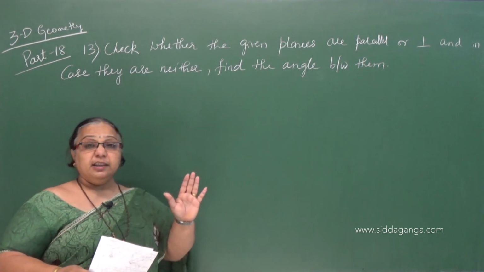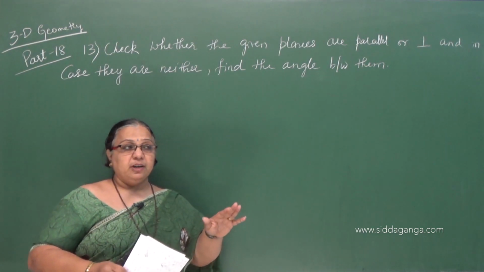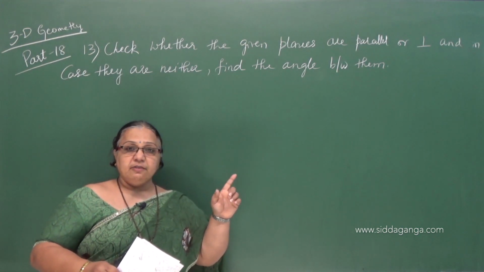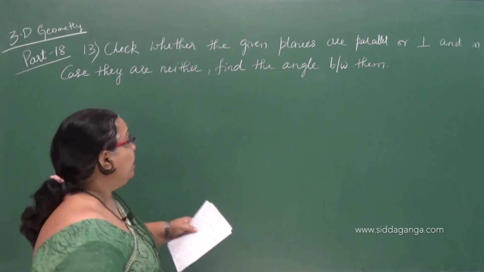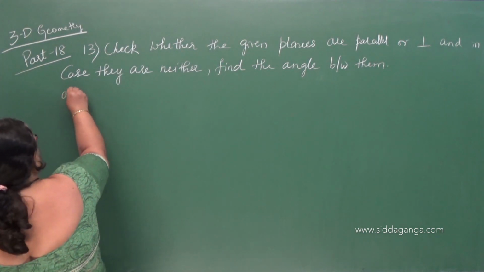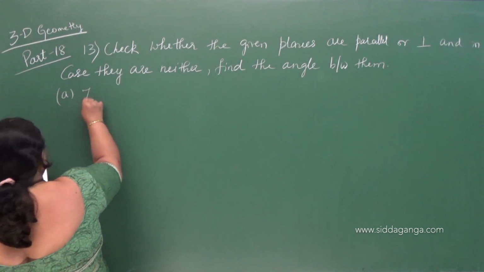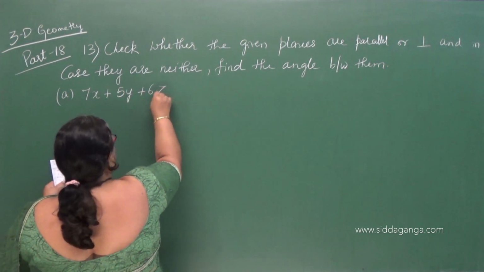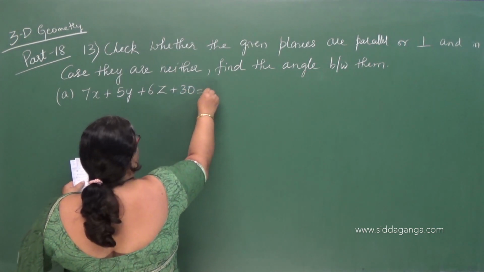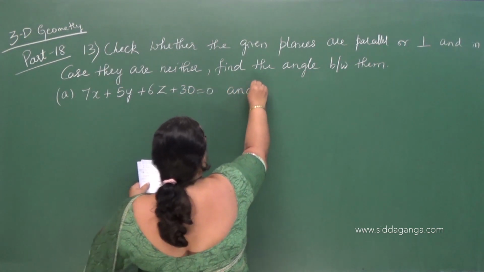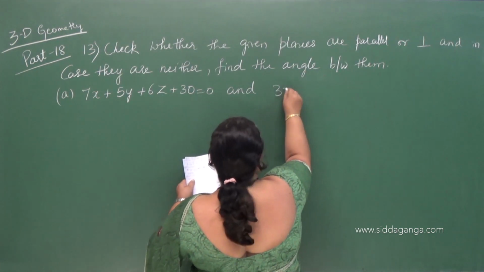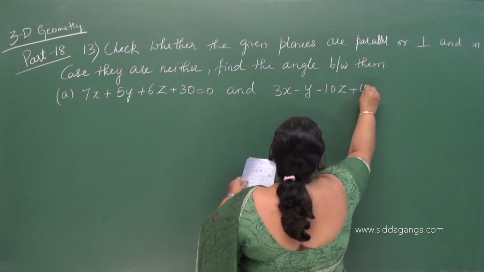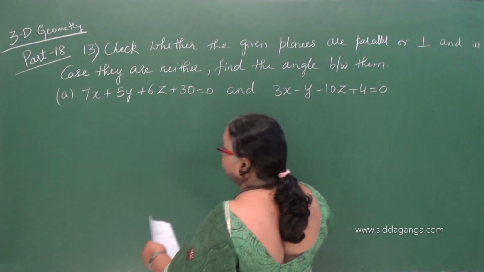So if they are neither parallel nor perpendicular, in that case we have to find the angle between the given two planes. The first example is the given planes 7x plus 5y plus 6z plus 30 equal to 0, and the second plane is 3x minus y minus 10z plus 4 equal to 0.